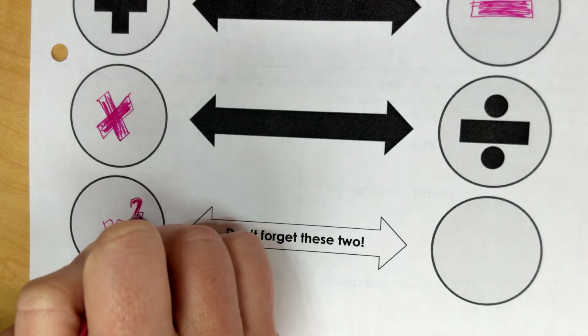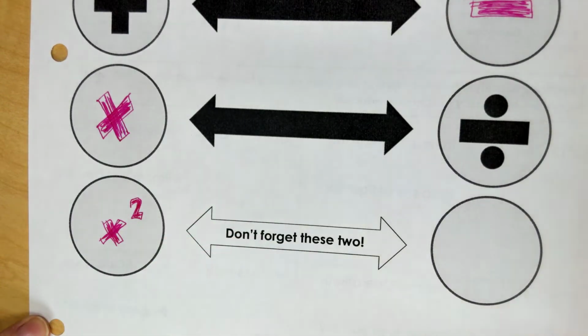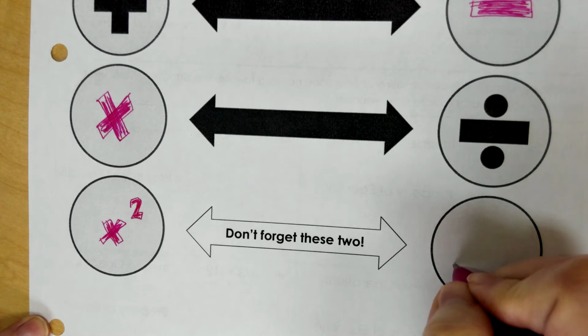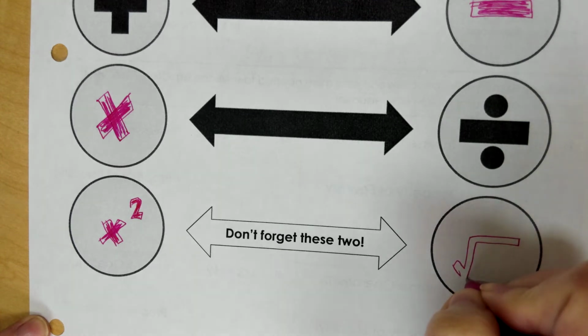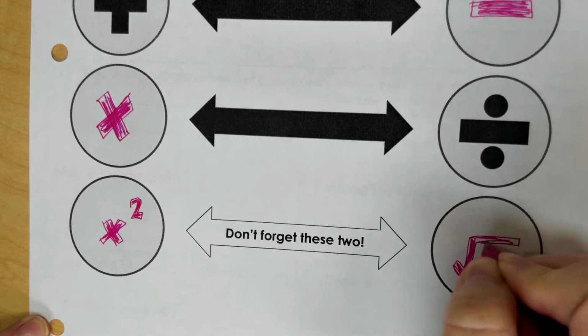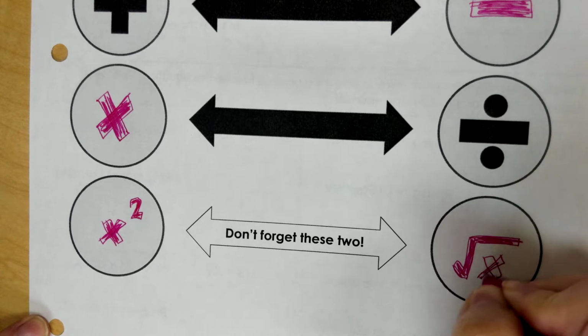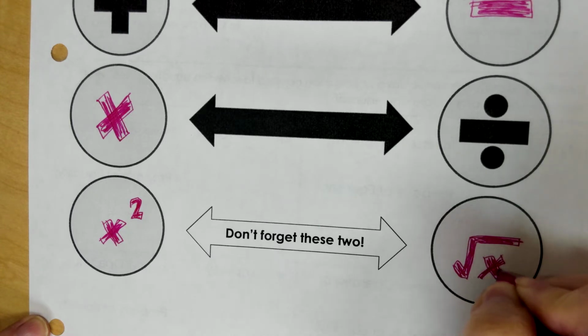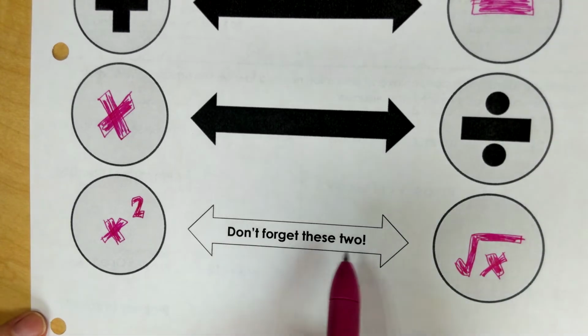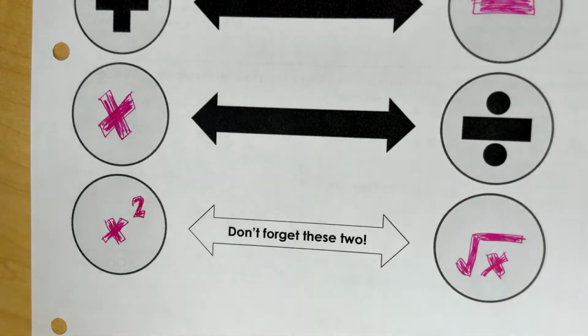A number or a variable squared, and the opposite of that is going to be the square root. And vice versa. So keep that in mind. It does work in the opposite direction. That's why the arrows here have a head on each end, because it can go either direction.